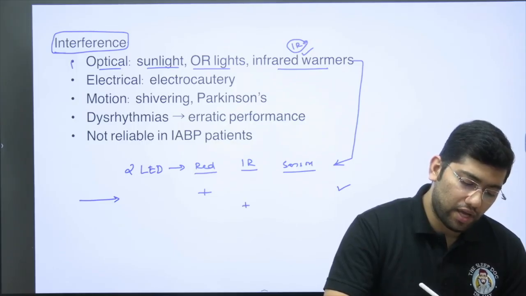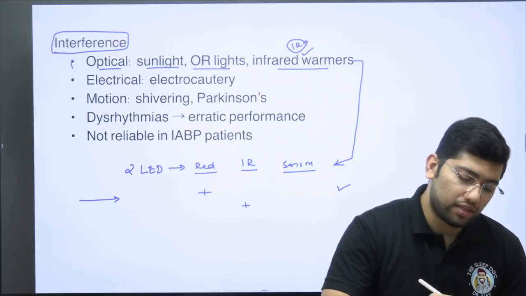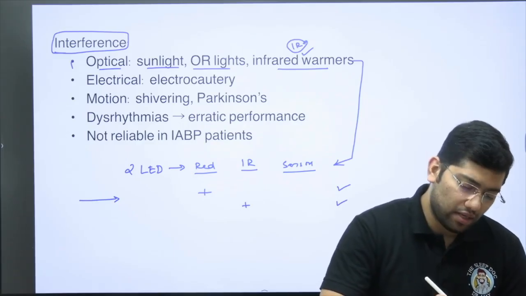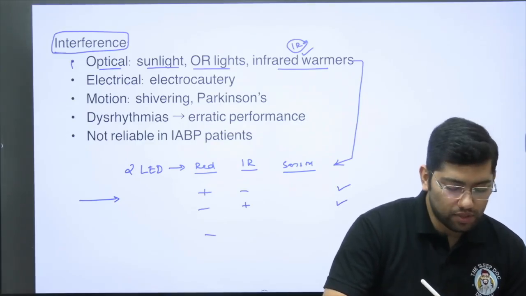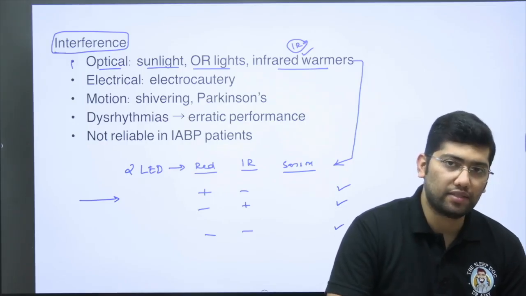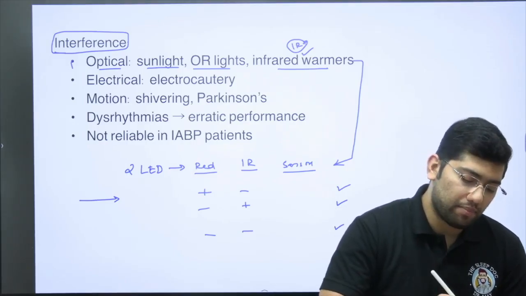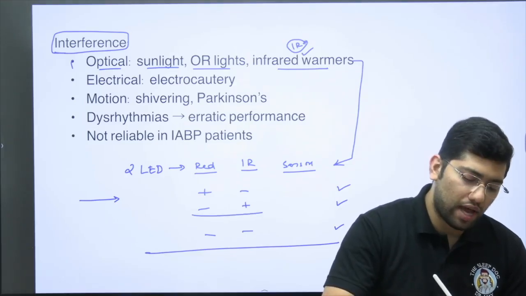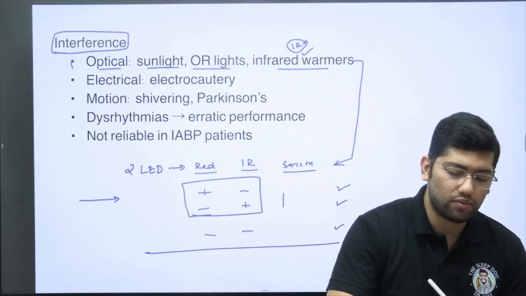Then the infrared light is shone alone and the sensor detects. Then both these lights are switched off and the sensor detects the ambient light. After detecting this ambient light, it cuts off the final values. So the accuracy tends to increase.